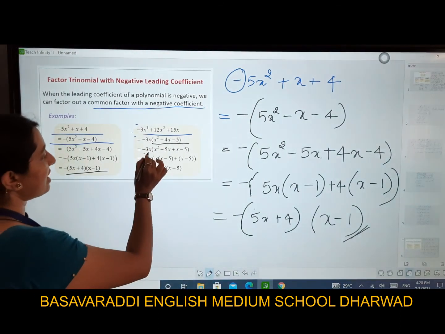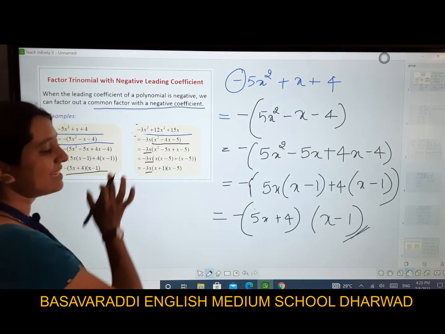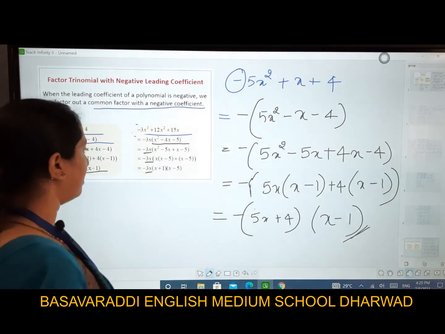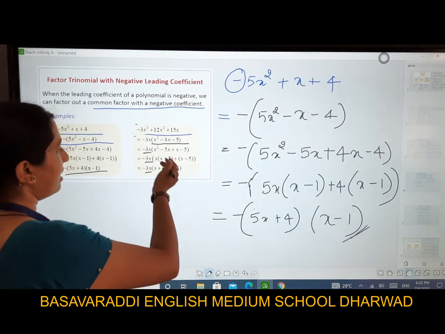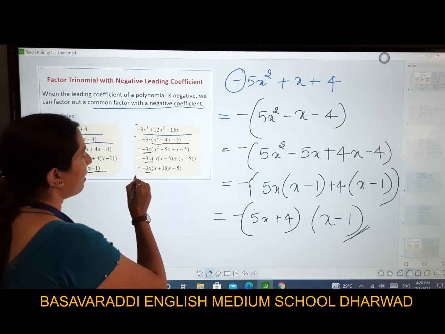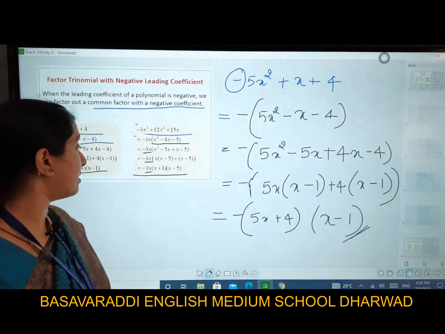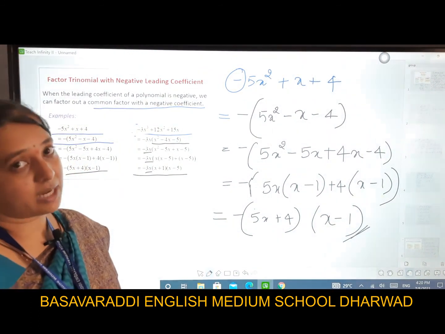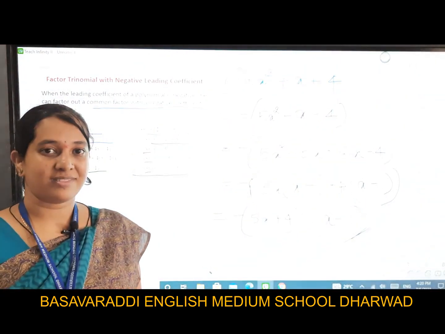So they have just kept this minus 3x outside, and they have just solved the internal expression. So we'll have x square minus 5x plus x minus 5. X minus 5 will be taken as common, x plus 1. So minus 3x into x plus 1 into x minus 5. Yes, understood this one? Thank you.